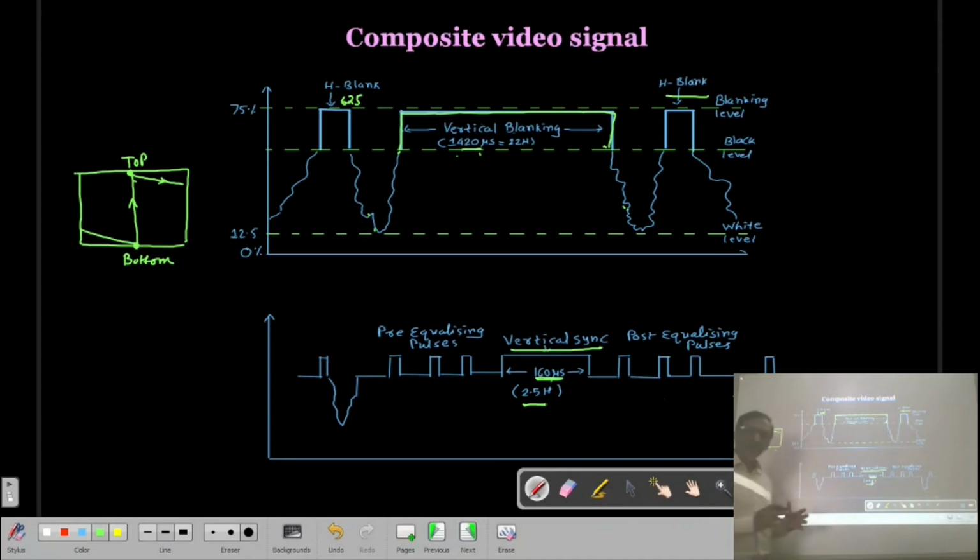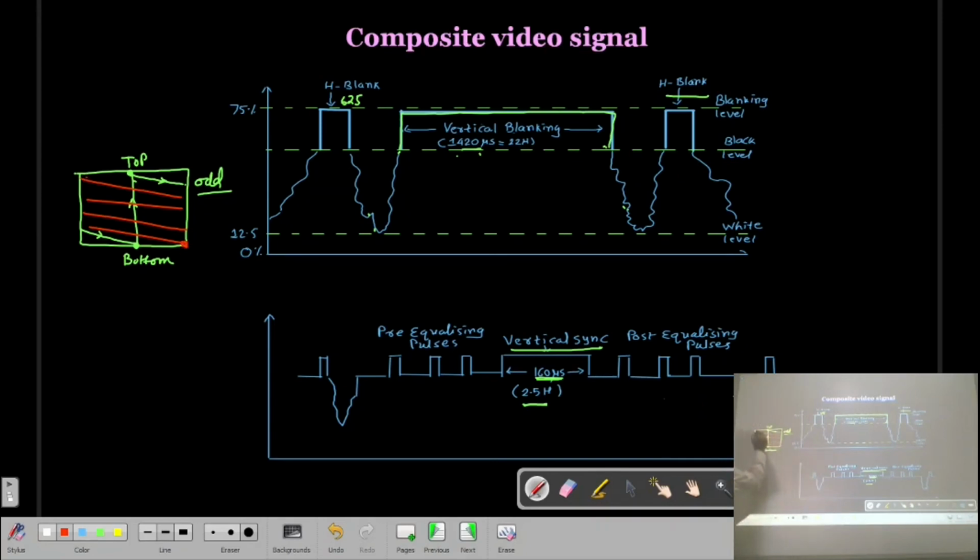Now I already mentioned that there are two blanking pulses. One of the blanking pulses is after this half of the line. Remember, that is where your odd field is going to be completed. And then when the even field is going to be completed here, like this, the even field is completing at this point. It is a complete line.